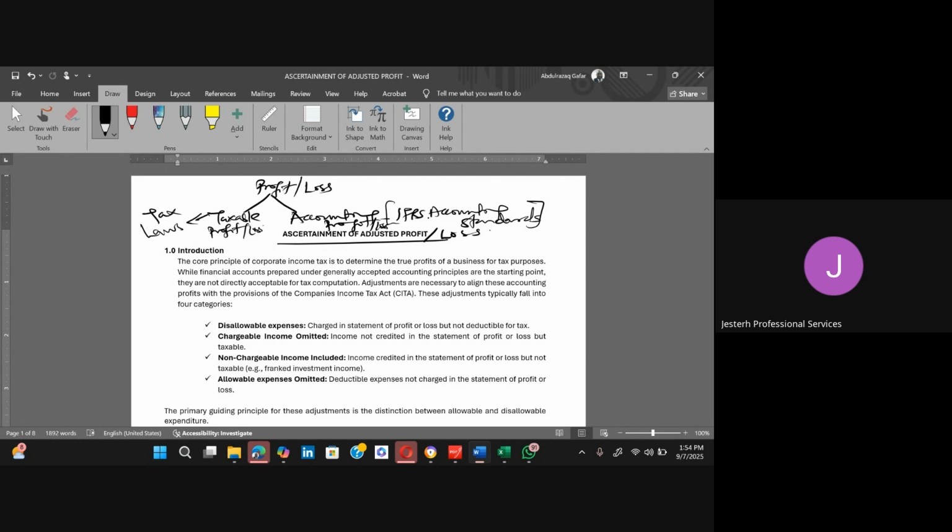When it comes to our IFRS accounting standards, there are some provisions of accounting standards that are not acceptable under the tax law, and the reason is not far-fetched. One of them is depreciation. You may see two different companies that are operating in the same industry.